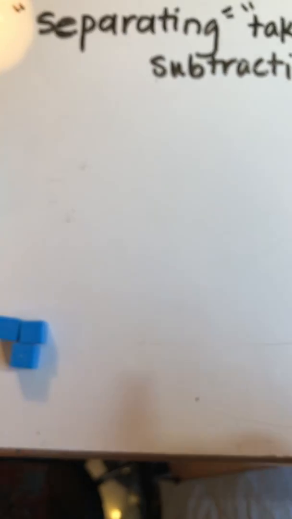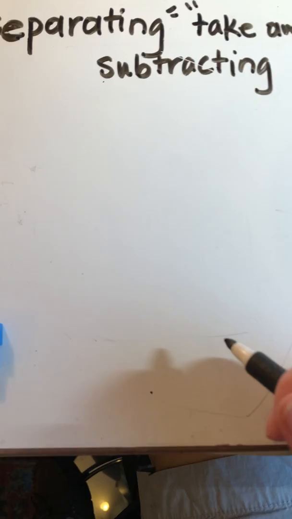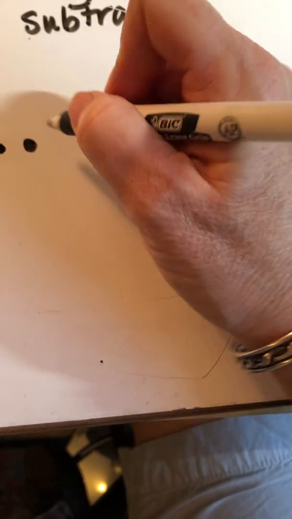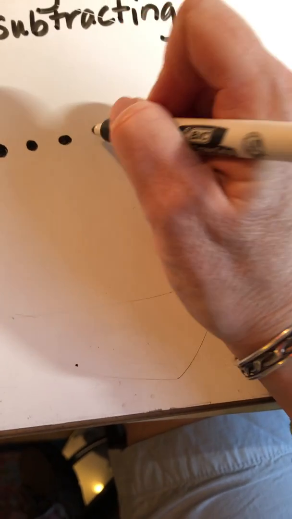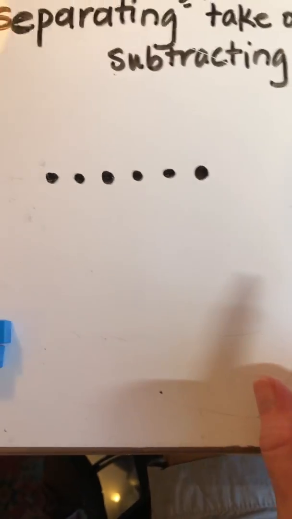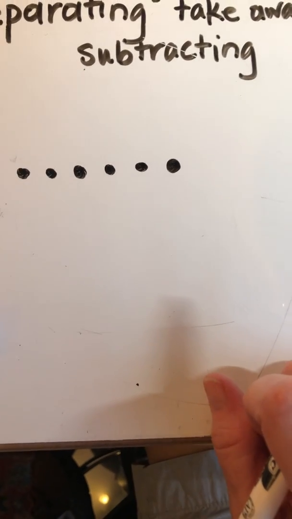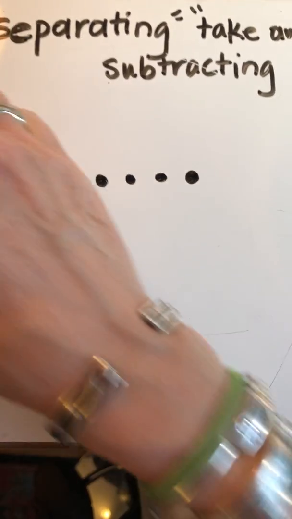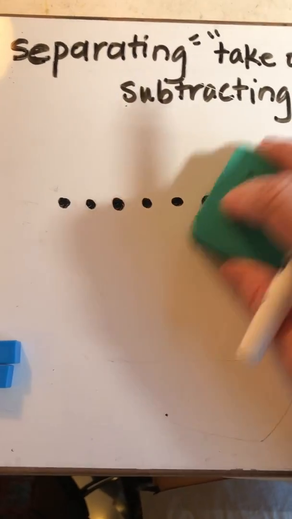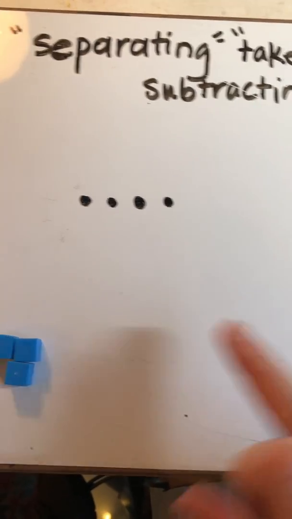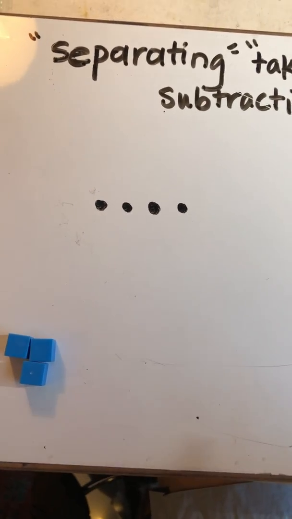Okay, Anderson made 6 paper airplanes. I'm just going to do dots because I'm not going to try to draw the actual pictures. Too slow. So there are Anderson's 6 paper airplanes. He and Molly accidentally lost 2 of them on the roof. Oh no. I'm going to erase 2 of them. How many were left? You can see the answer right there. 4.